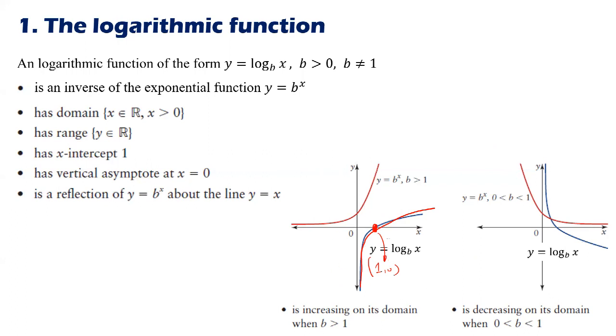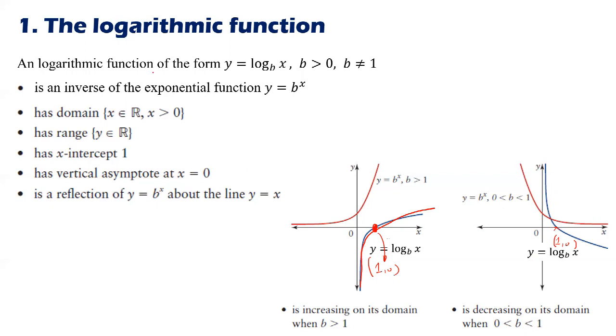And x equals 0 is its vertical asymptote. And if b is between 0 and 1, this function will be a decreasing function, also crossing the point (1, 0) here, and x equals 0 is its vertical asymptote.